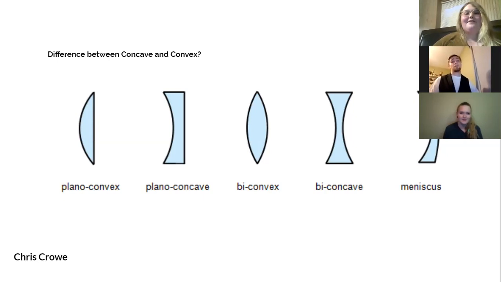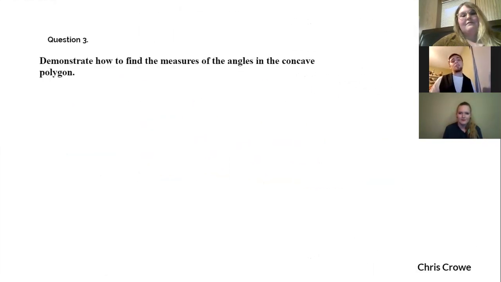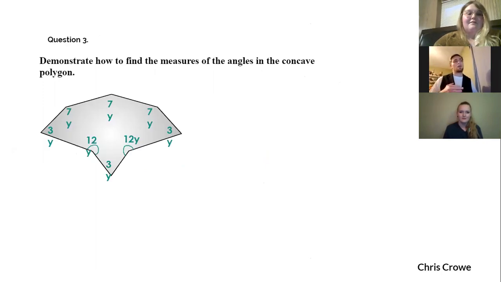All right, so Chris, another question for you. What is the difference between concave and convex? That is another very good question. The major difference is that one of them describes a figure that is breaking inwards to a certain extent, and the other is breaking outwards. The one we see here is a concave polygon, whereas some of the ones you saw on the original question slide are convex.